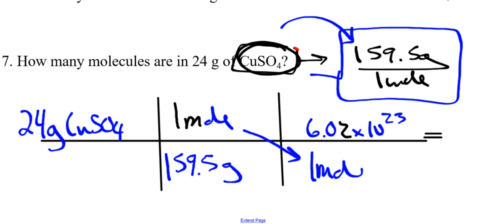If it's given to you in grams, you convert to moles using the picket fence like this, and then you have 6.02 times 10 to the 23rd. The nice thing about these is all of them always end with 6.02 times 10 to the 23rd in the top right corner. So give those a shot.